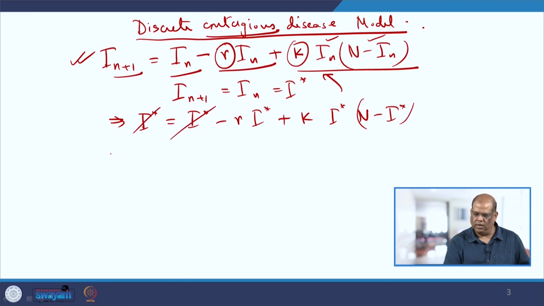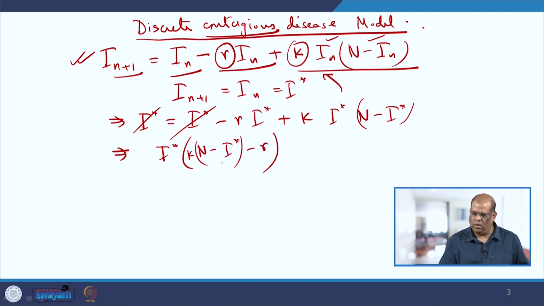So, this and this cancel, and if I take I star common, I get I star times k times N minus I star minus R equal to 0.